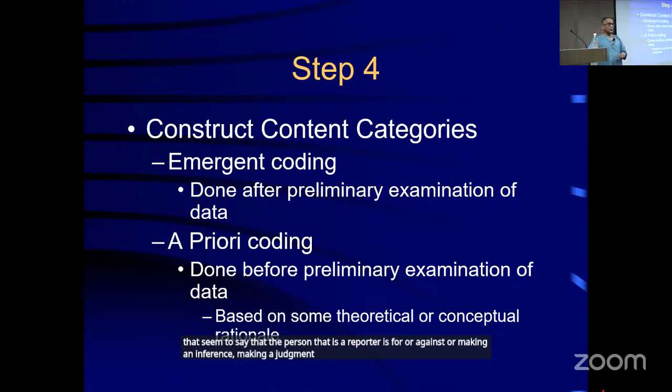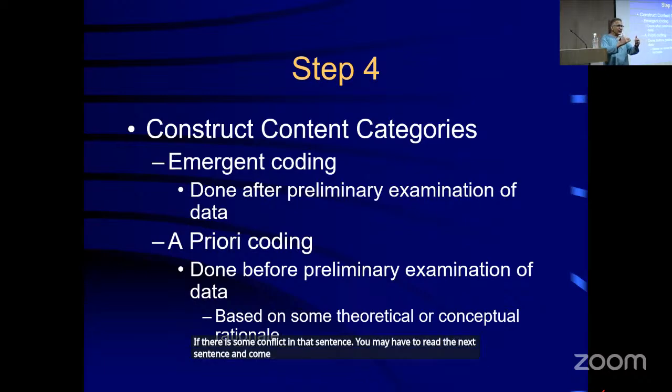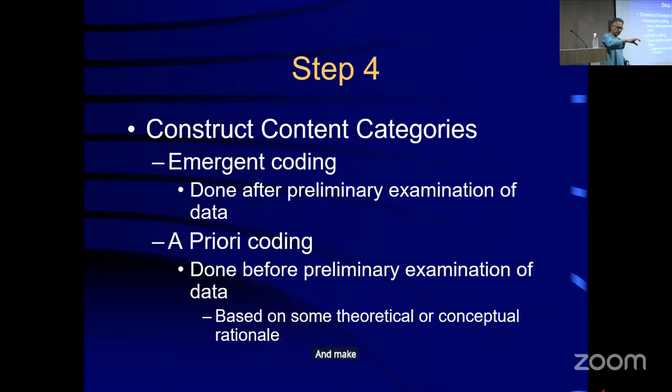Then you drop that into the one basket called positive. You'll count it once. If there is some conflict in that sentence, you may have to read the next sentence and come back to the first sentence and see where the drift is, make a decision, and then drop it in one of the boxes. You do this every time until the very last one. Now that's your data.